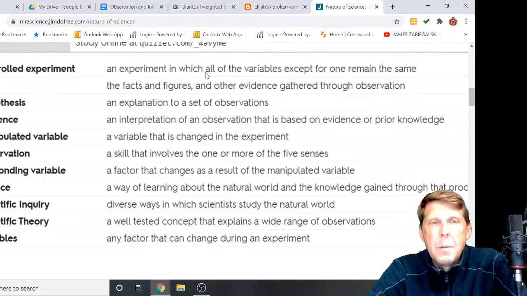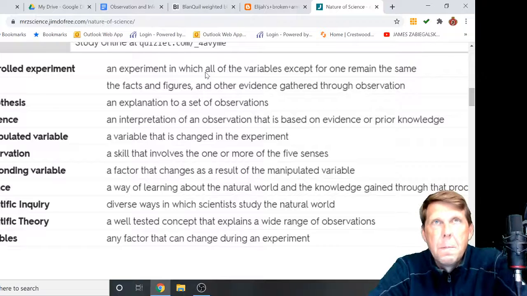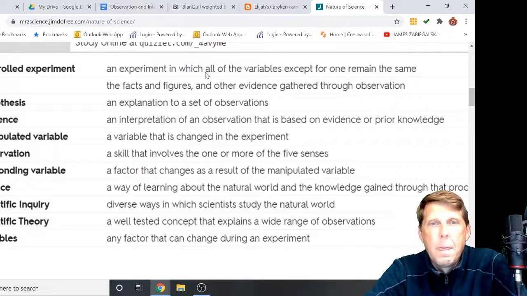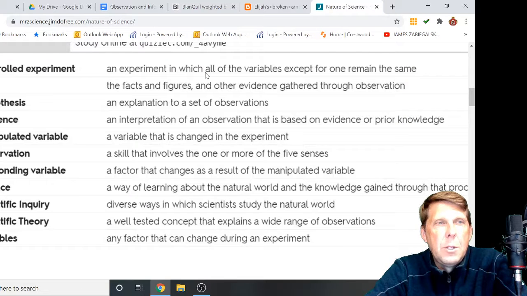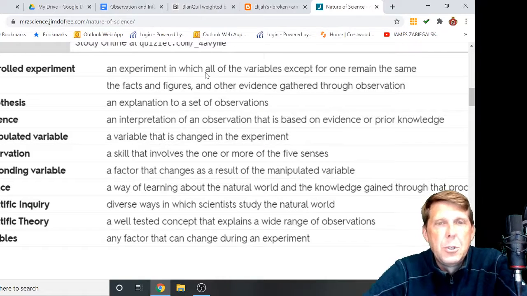The Google document will have some observations and some inferences, and then there will be some spots where you can finish off the inference. I've started an inference, but I want you to finish it. So take a look at the video, take a look at the Google document that goes with it, and also a little surprise at the end. So make sure you stay tuned to the end of the video.